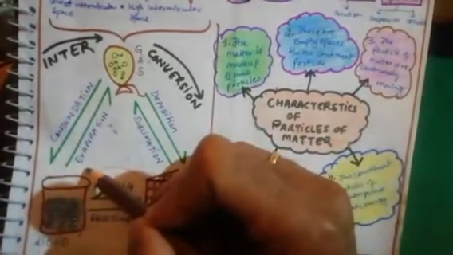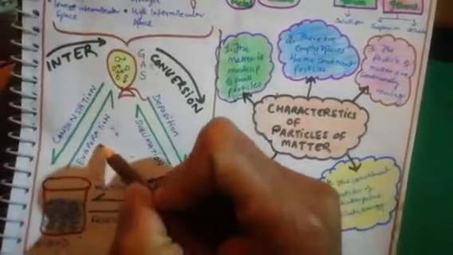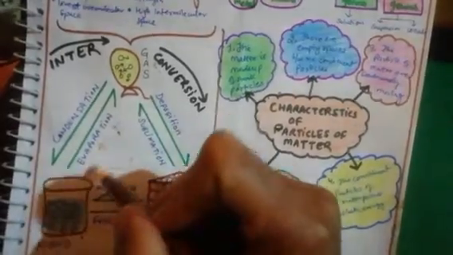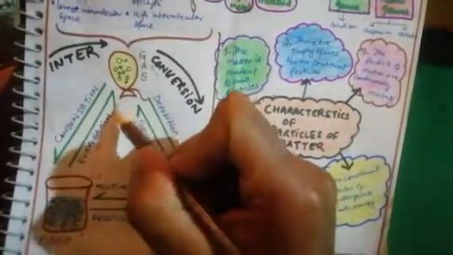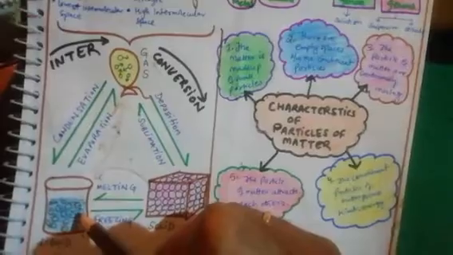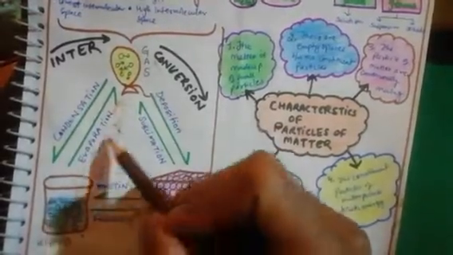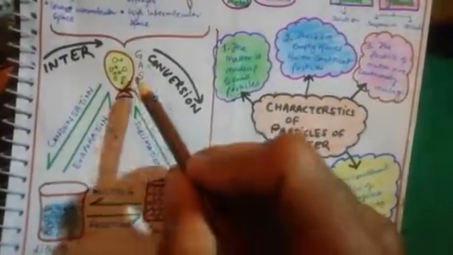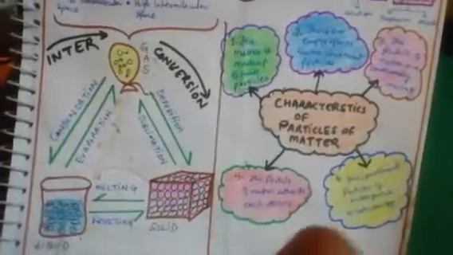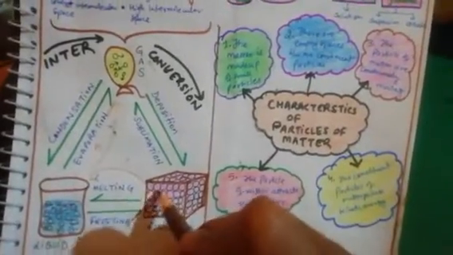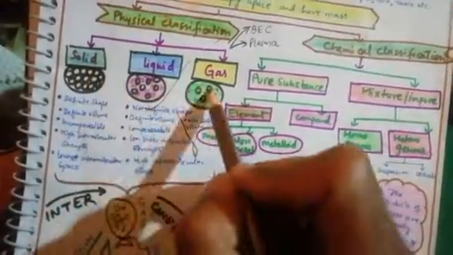And when the temperature is increased more, the liquid will change into gas. That stage is called evaporation. And what is happening, dear students, inside these particles which are very close, particles are close, particles are very much loose.